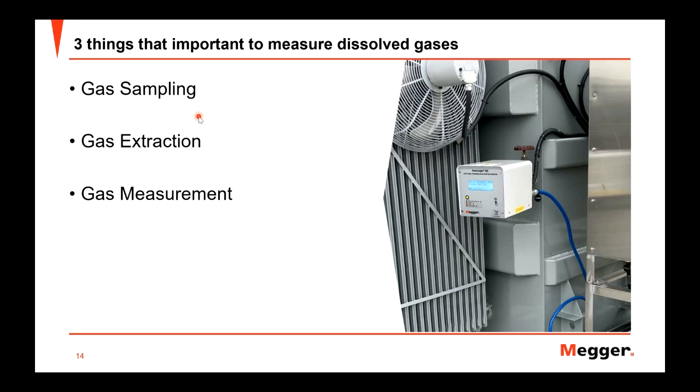Direct and easy. Because if the gas that you extract from the oil is not measured correctly, that means you will not get the result correctly either. It affects the testing result, the accuracy, and the assessment. All these three are the main factors that can directly affect your measurement.